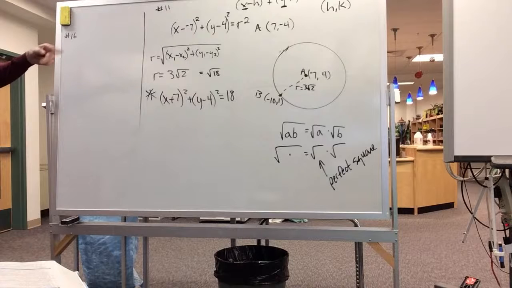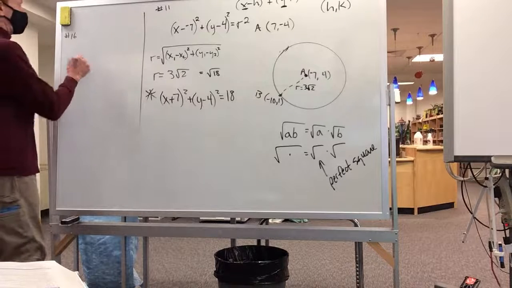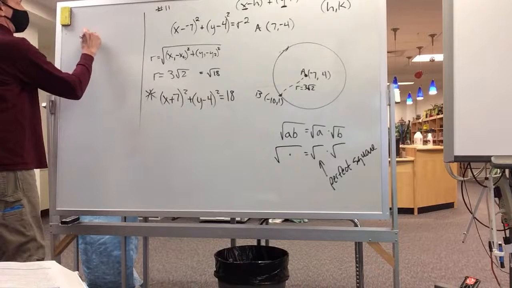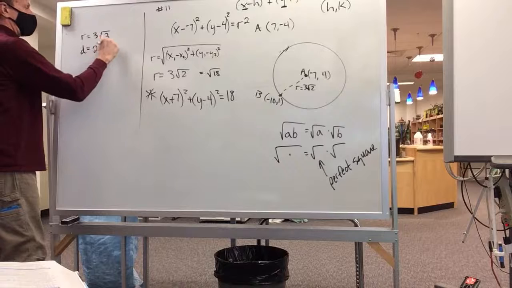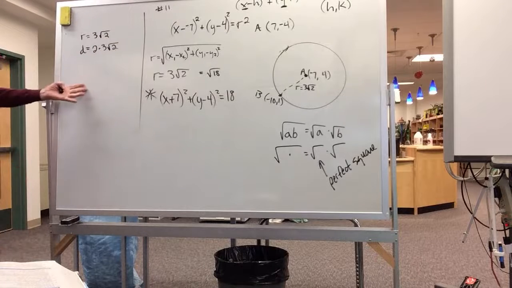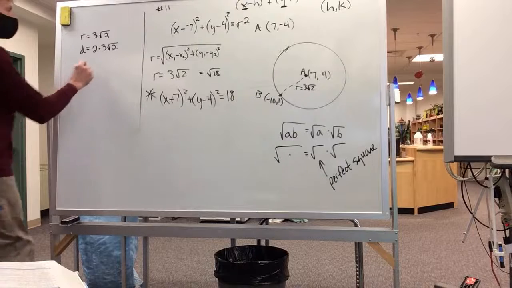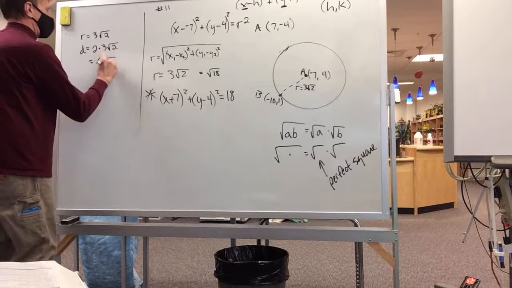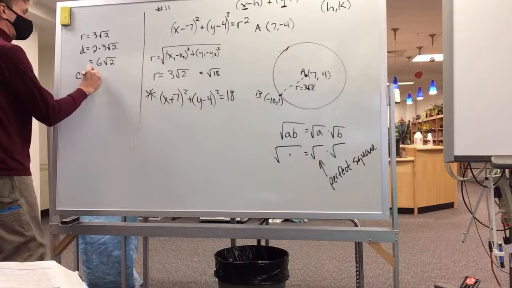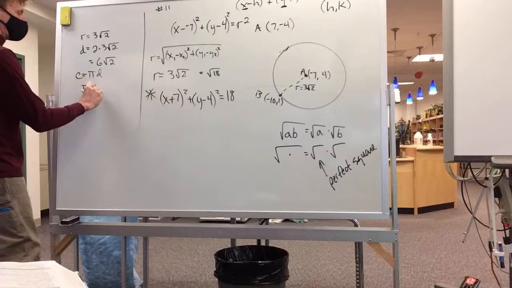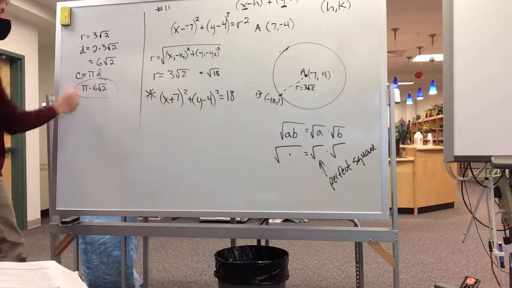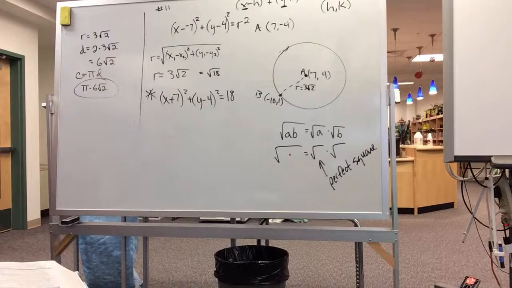So what's 2 times 3 root 2? What would that be? 6 root 2. So if circumference is pi times diameter, this is going to be pi multiplied by 6 root 2. That's exact.